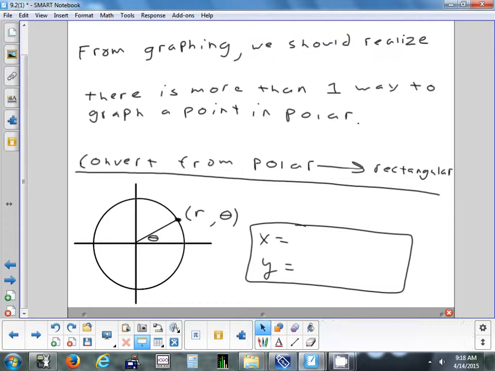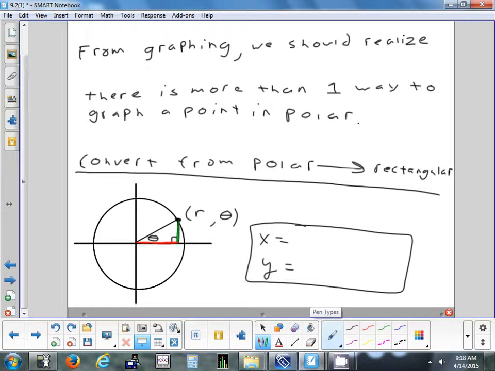I'm going to add in a vertical segment here to make a triangle, specifically a right triangle. And now my goal, instead of writing this in polar, I want to know what's my horizontal distance, how far to the right, and then I want to know how far up.